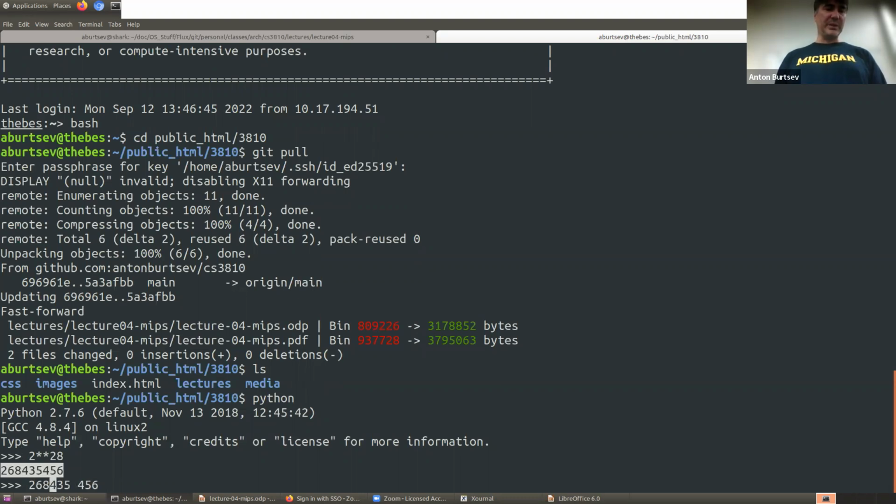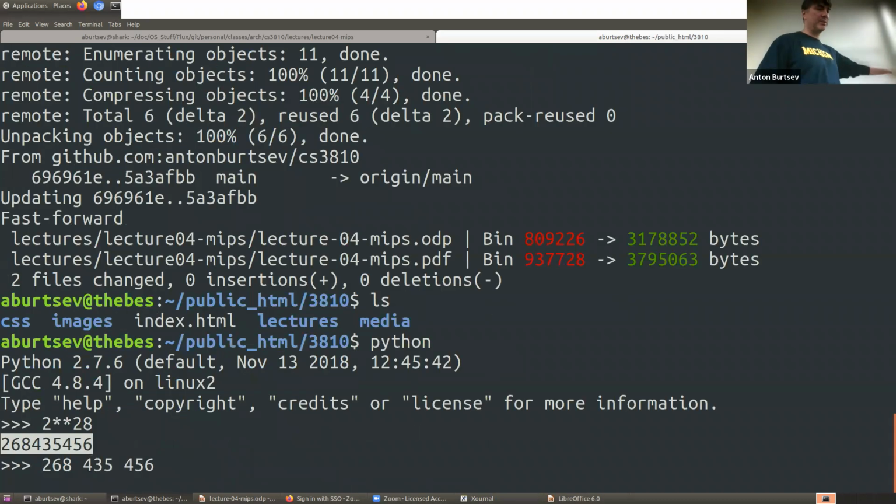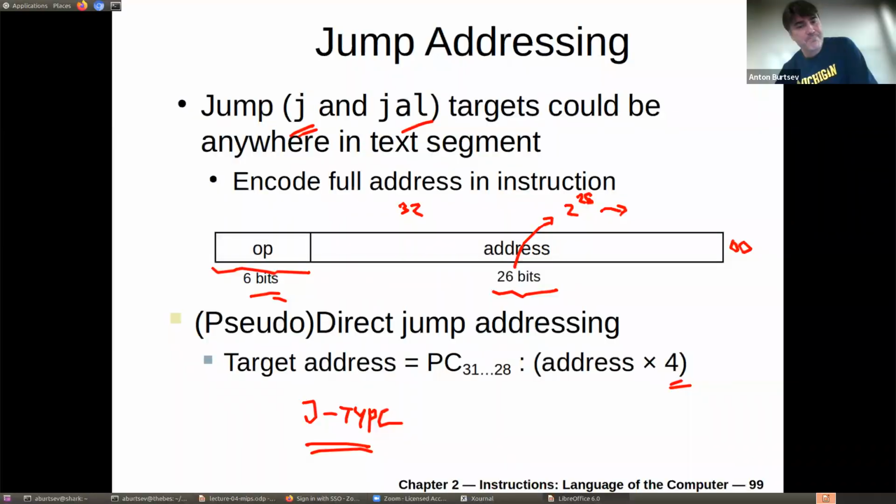So it's a reasonably big program. Sorry for everyone who is far away. I just double checked that. It's an address range from 0 to 268 million, right? So this probably works in most cases. Again, you can come up with a case when you will be screwed.